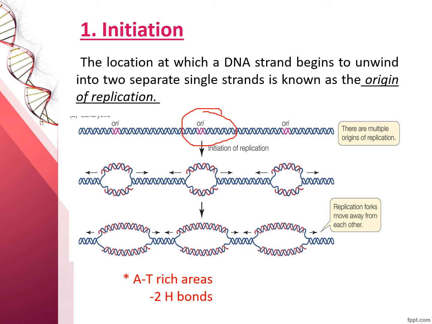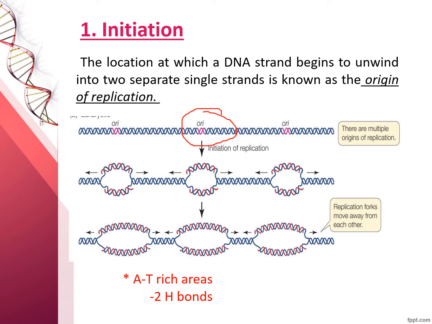Yes, because adenine and thymine have 2 hydrogen bonds, while guanine and cytosine have 3 hydrogen bonds. And it's going to be easier to break 2 hydrogen bonds than to break 3 hydrogen bonds.